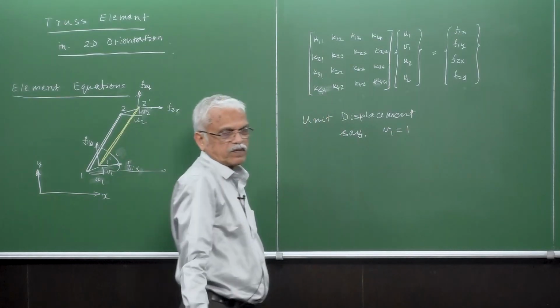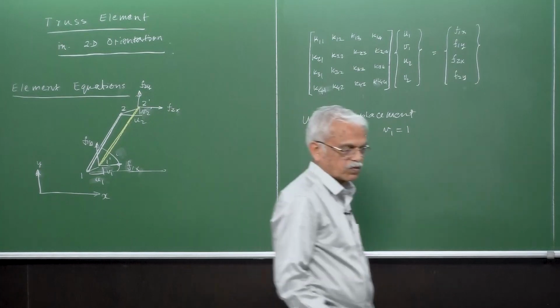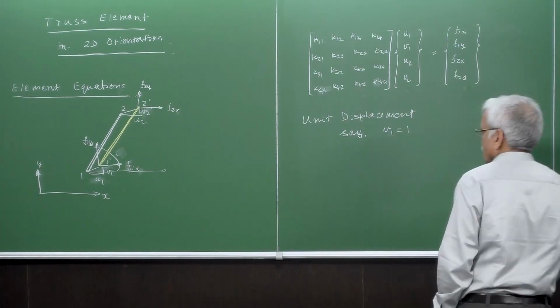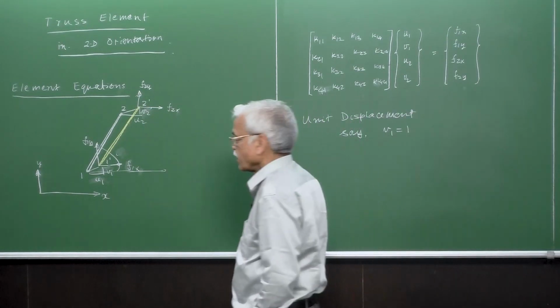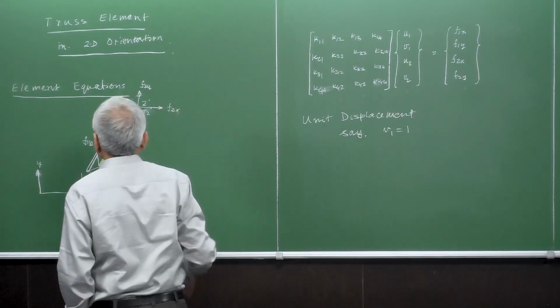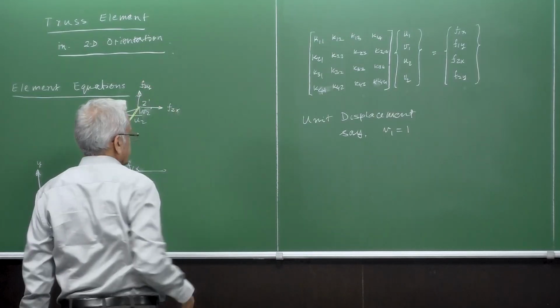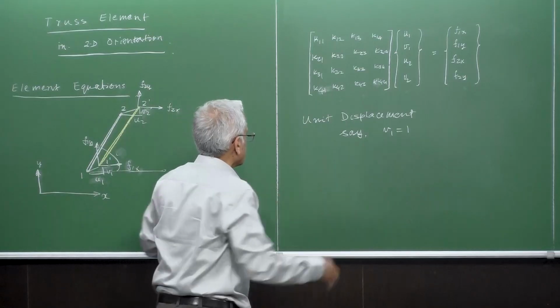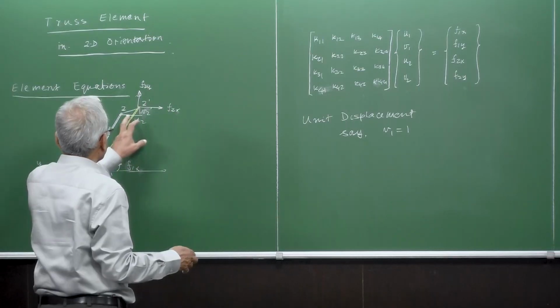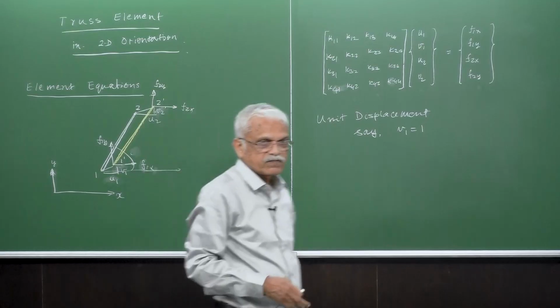This may be very small, a small displacement considering the large structure. That means these movements u1, v1 and u2, v2 are small deformations.